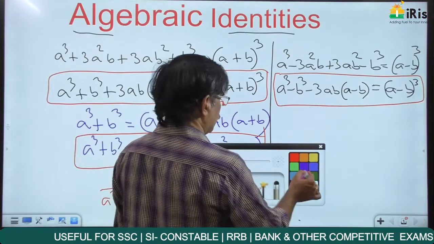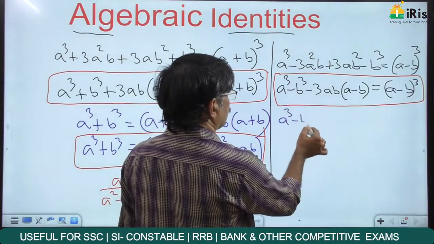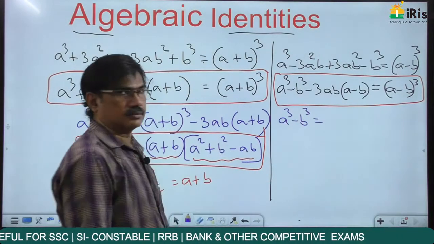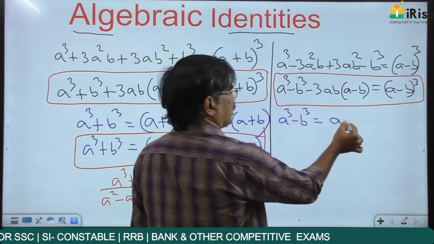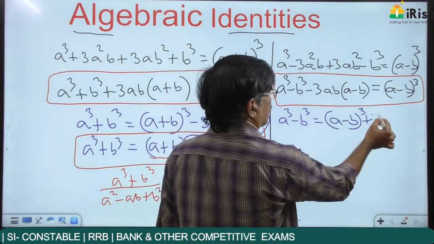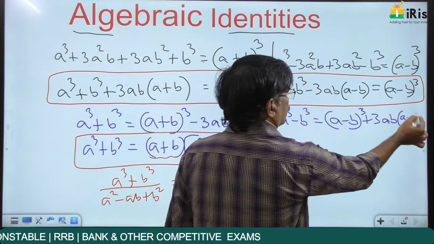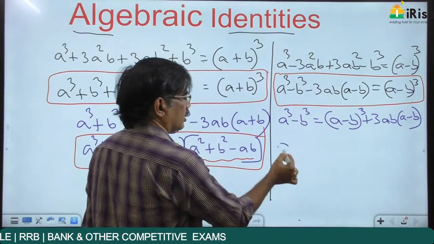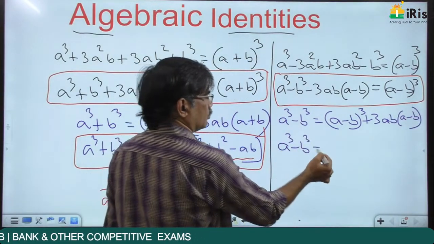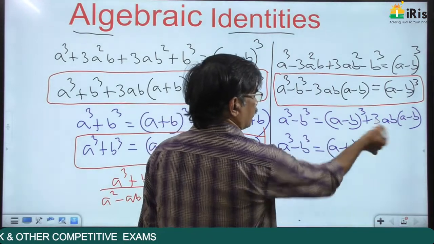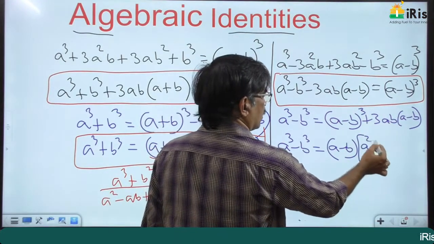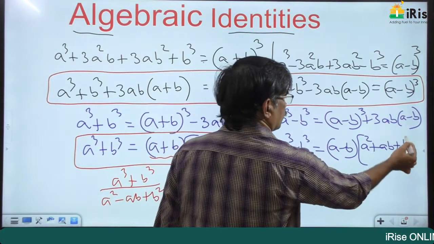From this, what is the a cube minus b cube formula? This is nothing but (a minus b) whole cube plus 3ab into (a minus b), and a cube minus b cube, by taking (a minus b) common from these two, we can get a square plus ab plus b square.